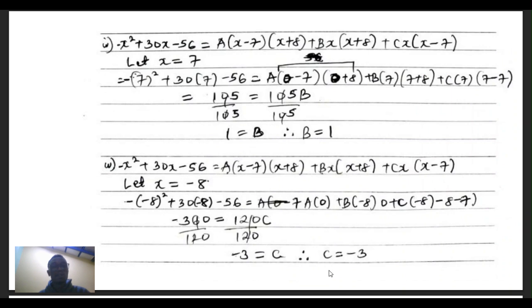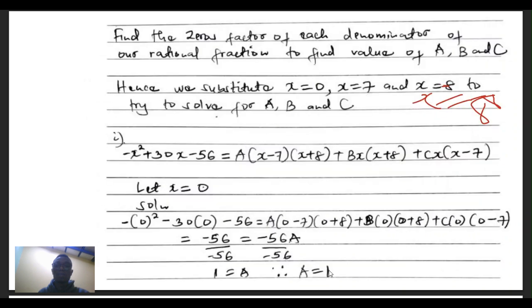And we solve for C in Roman 3: if we let x be negative 8, we find the value of C being negative 3. Now, after we've written all these, we've found the values of A, B, and C.